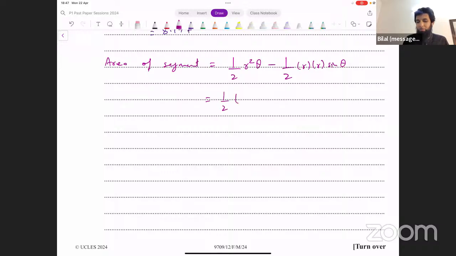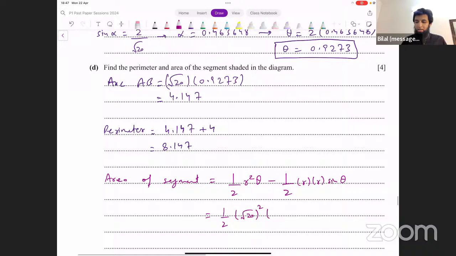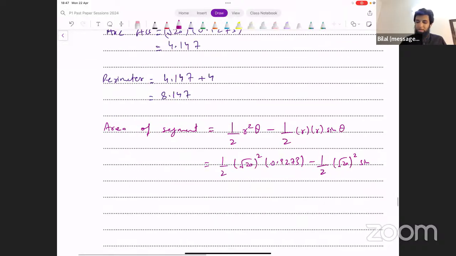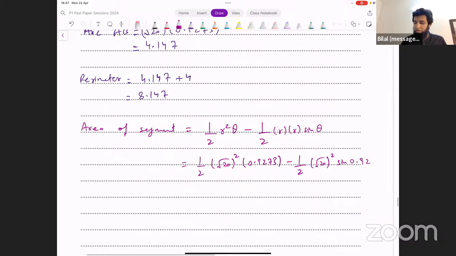Half into r squared. Radius was under root 20. So square of that into the angle. The angle is 0.9273. Minus 1 over 2 into r, that's again r squared. So that's under root 20 whole squared into sine of 0.9273.